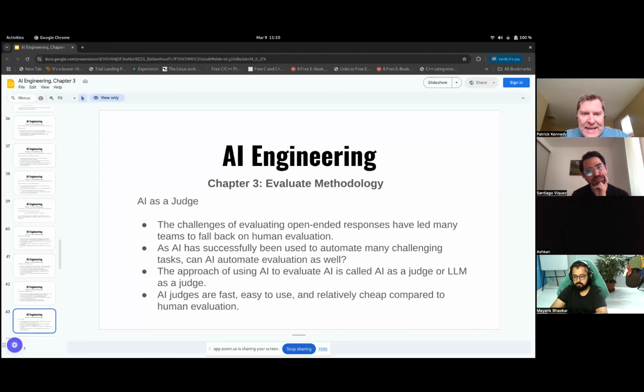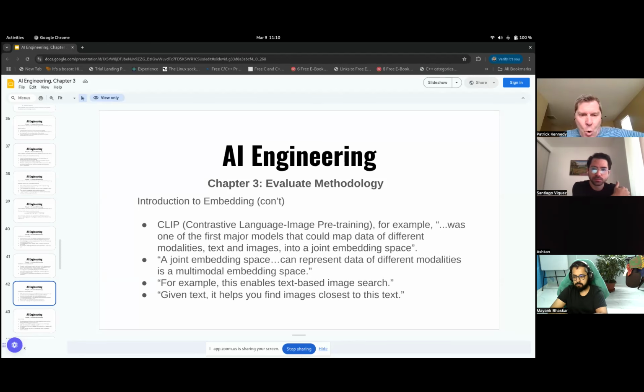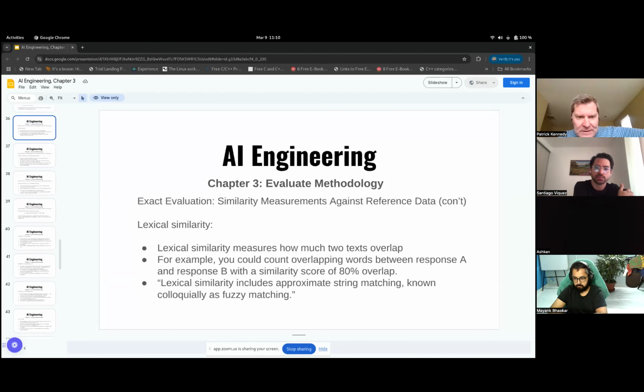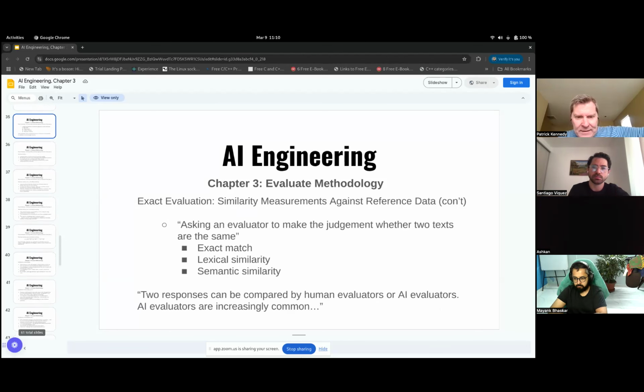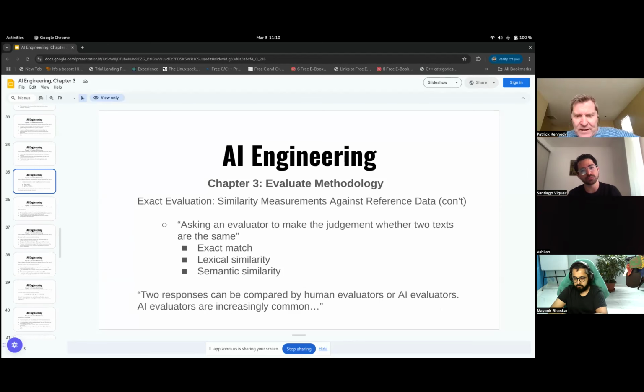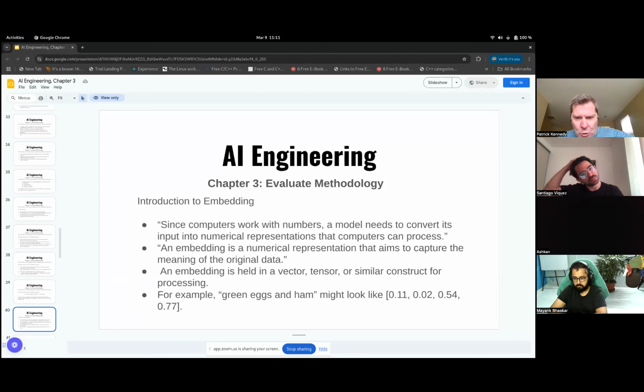as you go into AI as a judge, it will go back to previous concepts of lexical and semantic similarity, and depending on how you're evaluating things, you'll have to use one tool or the other.